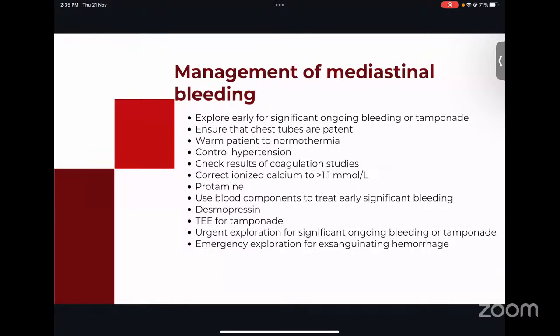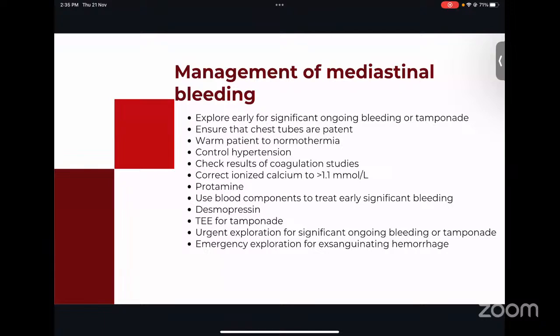Try to correct the ionized calcium to be more than 1.1 millimole, and give protamine, which elevates the PTT. Use blood components to treat early significant bleeding from suspected coagulopathy, because persistent bleeding causes progressive depletion of clotting factors and platelets.